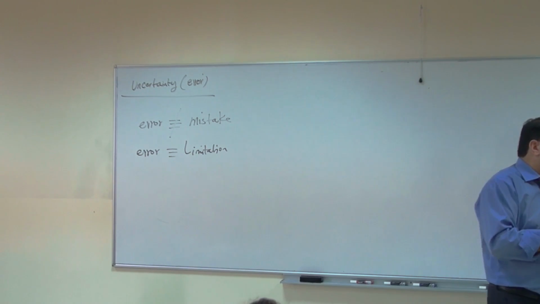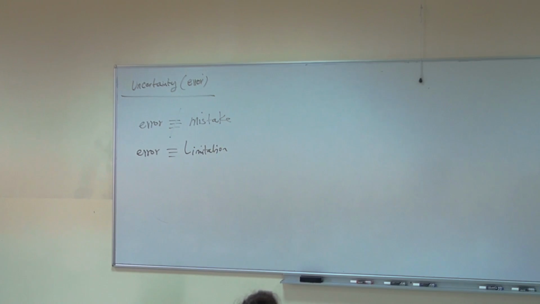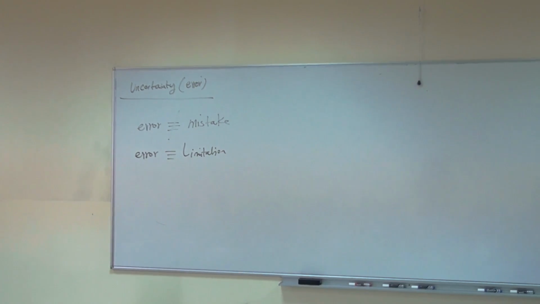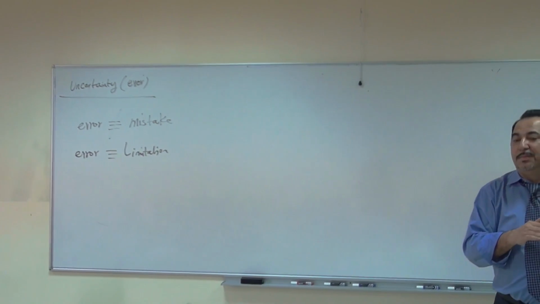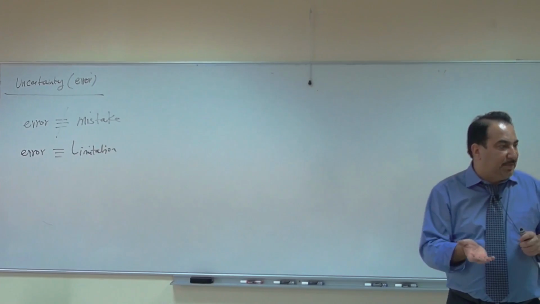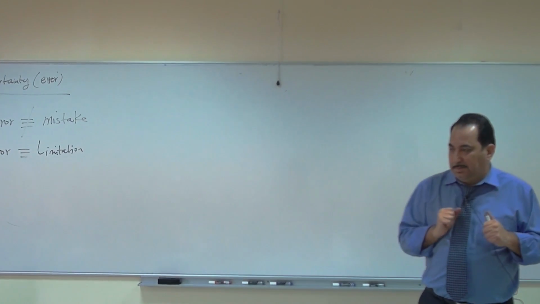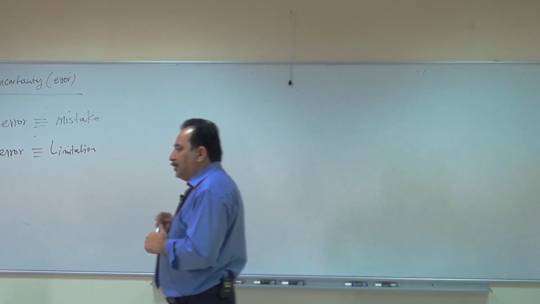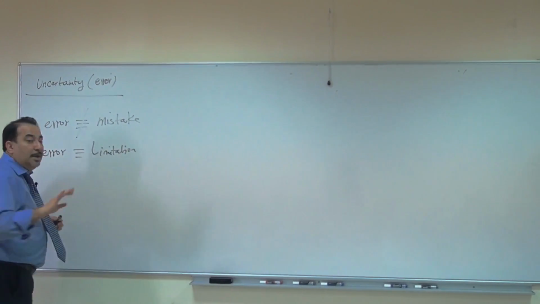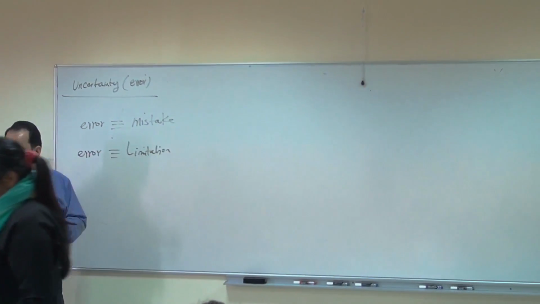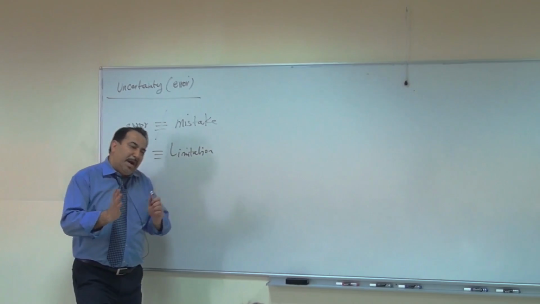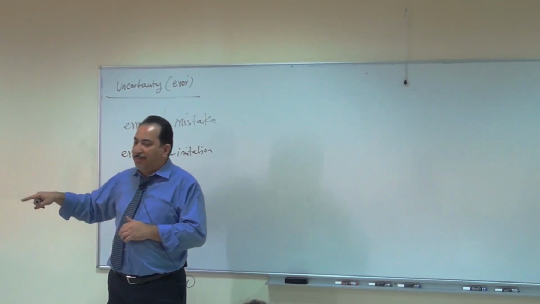One of the limitations comes from the measuring tool itself, the device you used. Not all devices are so accurate. So the errors come from the device itself. Limitations. So think of errors as limitations, not as mistakes. Now let's say, a practical example, I want to measure the length of this room.